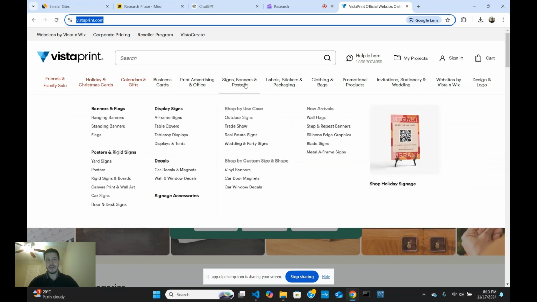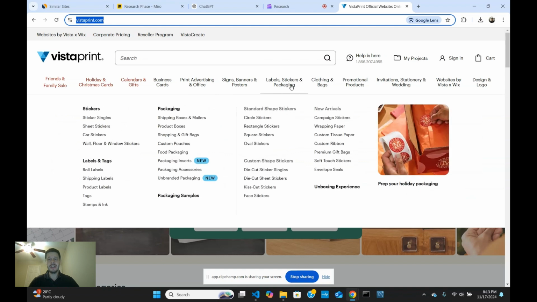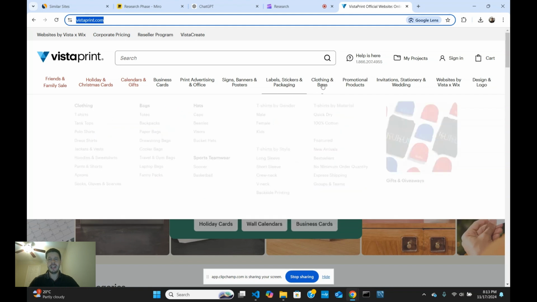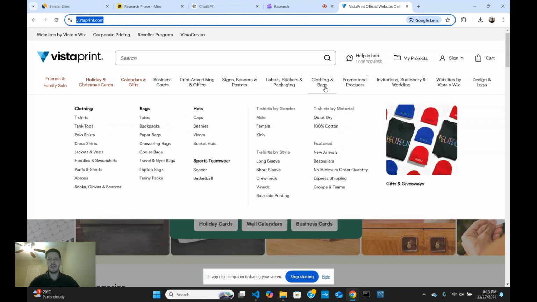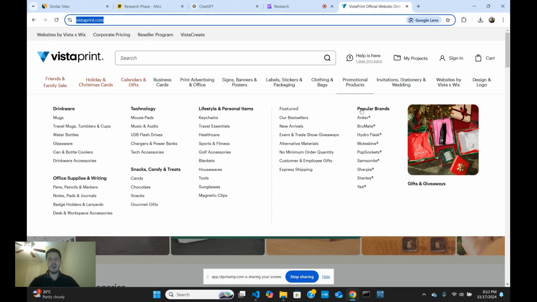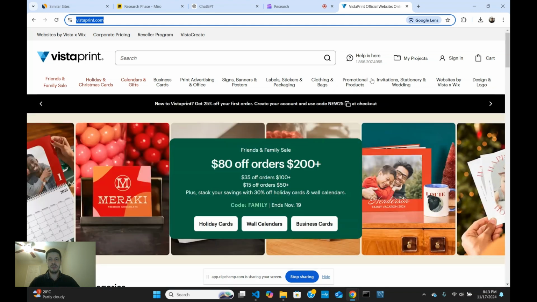You can look into banners, posters. This is good for marketing, right? If you have a company and you want to buy these office products or also advertise, that can be an opportunity. They have labels, stickers, packaging, clothing, bags, promotional products. You can see a bunch of those.